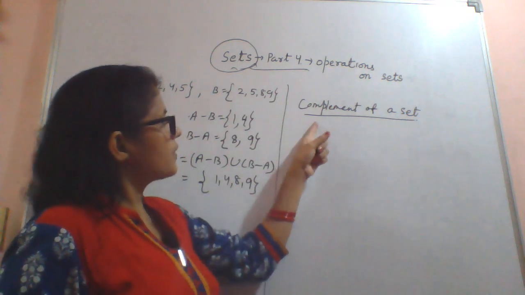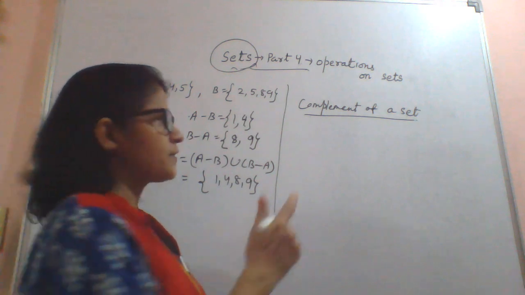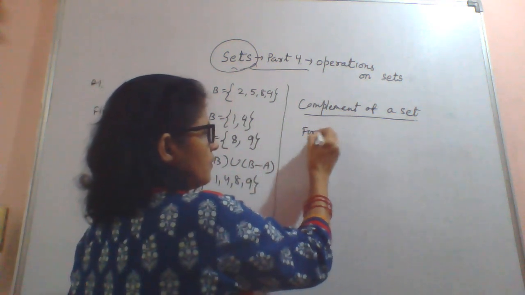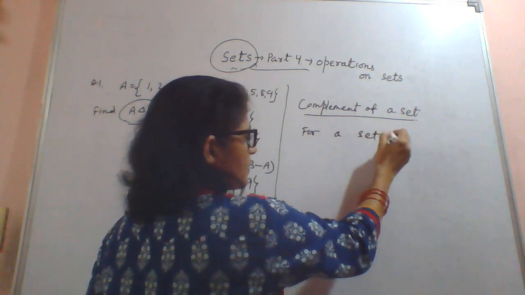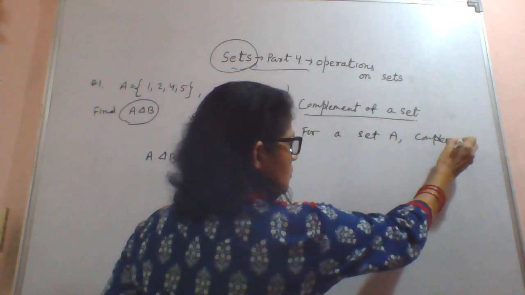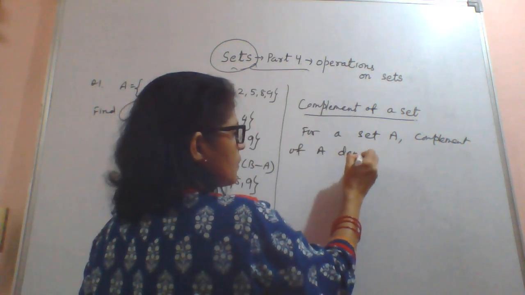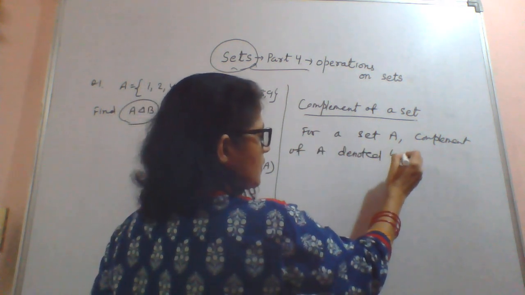Okay. So next one is complement of a set. So complement of a set, for a set A, complement of A is denoted by this.